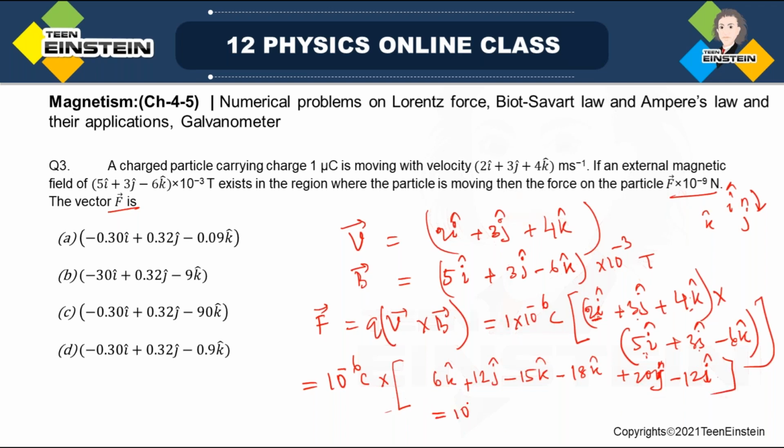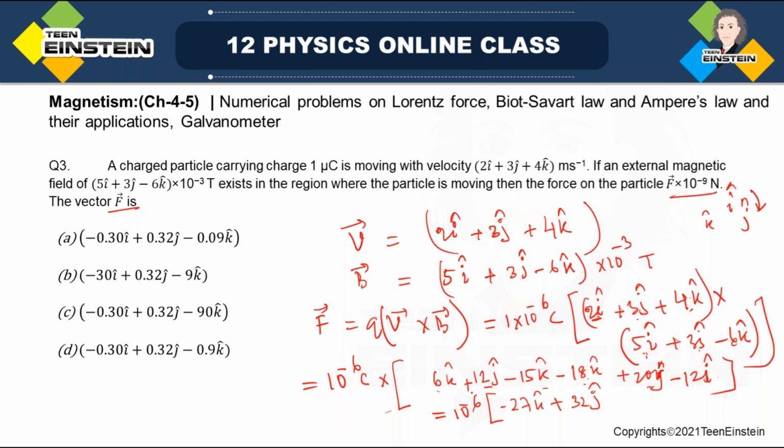So if we solve it, using the knowledge of vector addition, with the same components we can do the subtraction and addition. These are k: this is 18, then 33, and from 33 you have to subtract 6, that means 27 k cap. 12 and 20 is 32, so it will be 32 j cap.